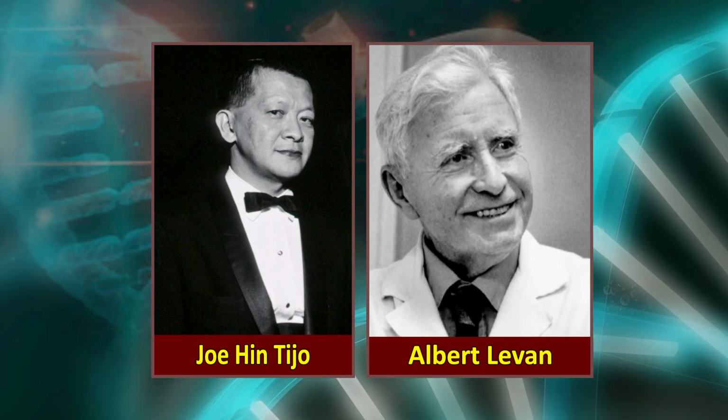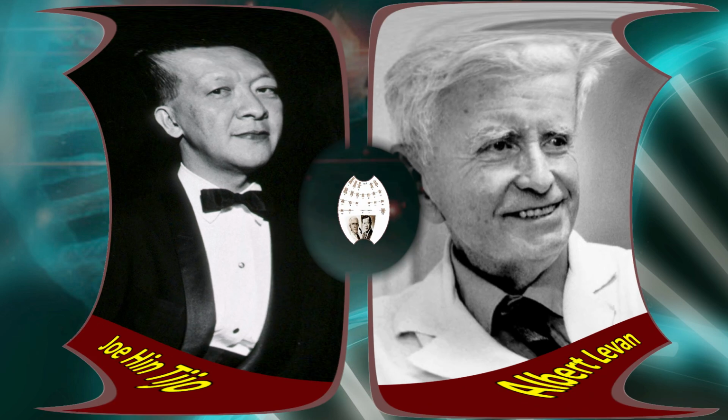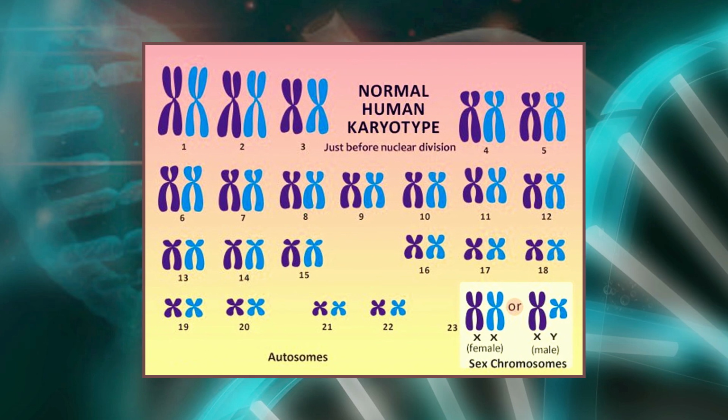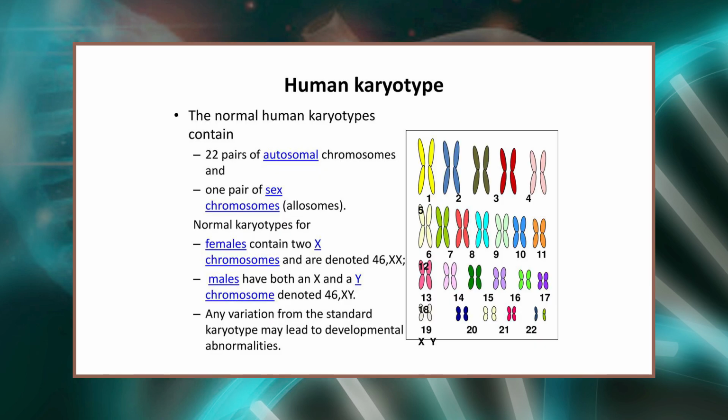In 1956, Tjio and Levan analyzed 265 preparations from 22 different cell cultures made from the embryonic lung tissues of 4 different legally aborted embryos. They reported that the karyotype of females was 46 XX and the males 46 XY.